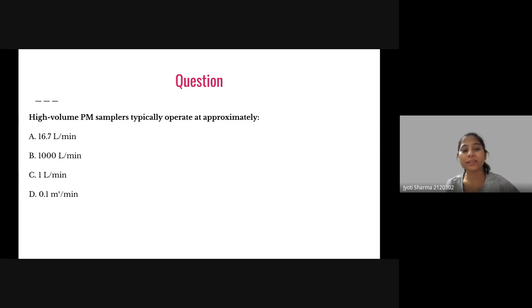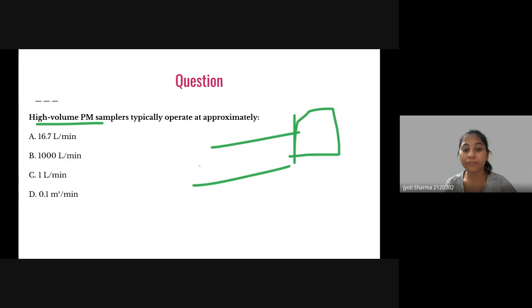Yeah, B is the right answer. And that's why this is a high volume PM sampler, right? Because if this is your high volume sampler, then it is taking a lot of gas inside it, so that a huge amount of particulate matter can be deposited.